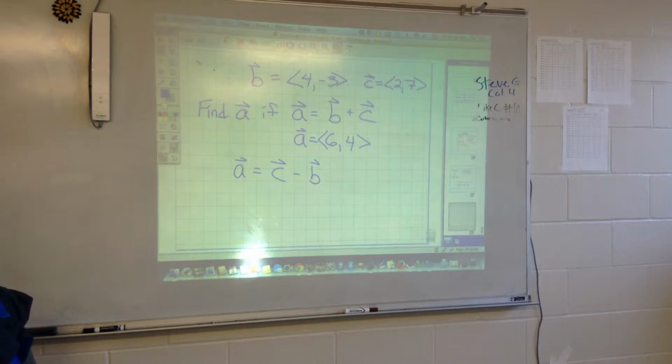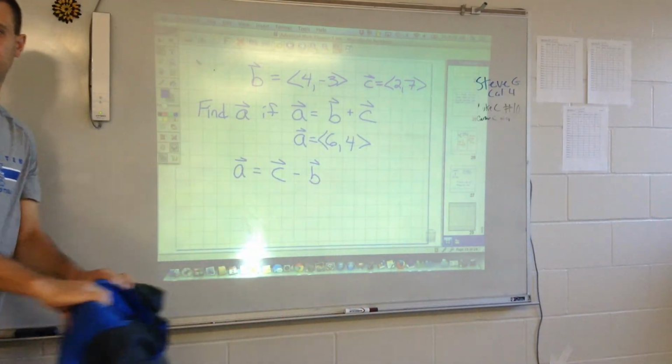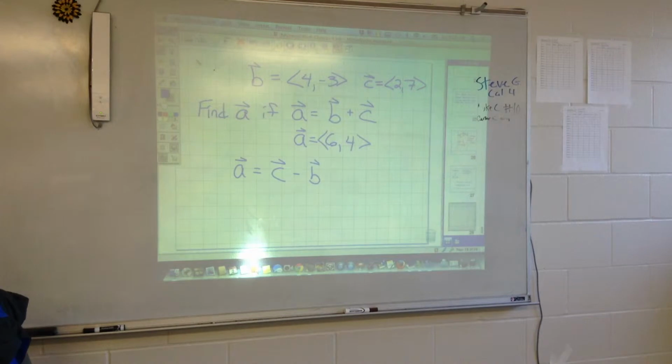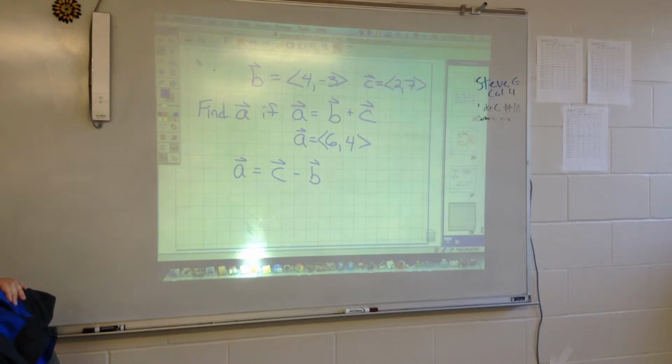Let's say some vector or some force is pushing on the chair at 10 pounds of force in a certain direction. If this represents the initial force, if I wanted to subtract that force, you're not really subtracting it, you're just adding its opposite.